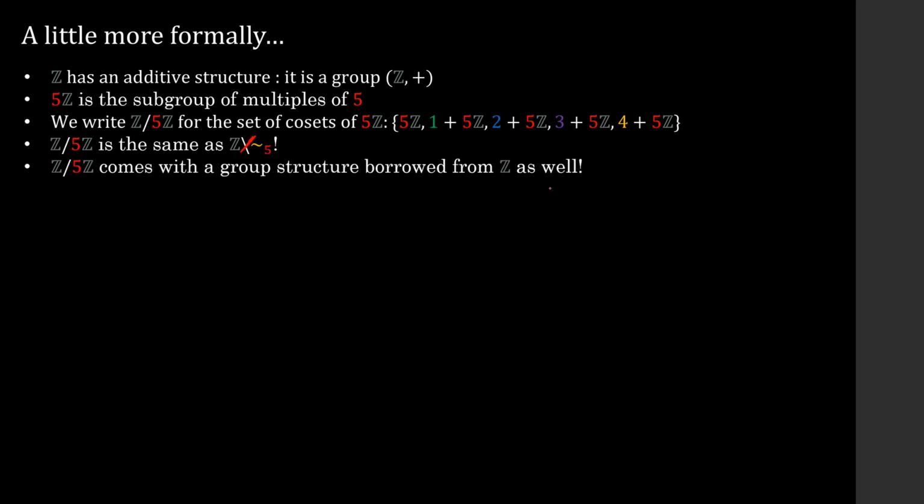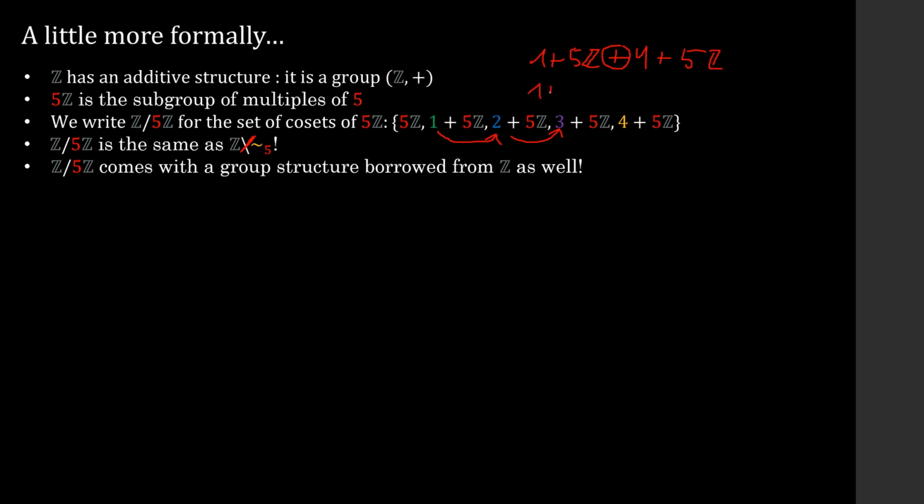Okay? But Z mod 5Z also comes with a group structure, and it's the group structure we looked at before, where I could just add the representatives and then divide by 5 and take the remainder. So for example, if I added 1 plus 5Z, plus, and maybe I'll put a little circle on this plus to note that it's addition inside our quotient group, 4 plus 5Z.